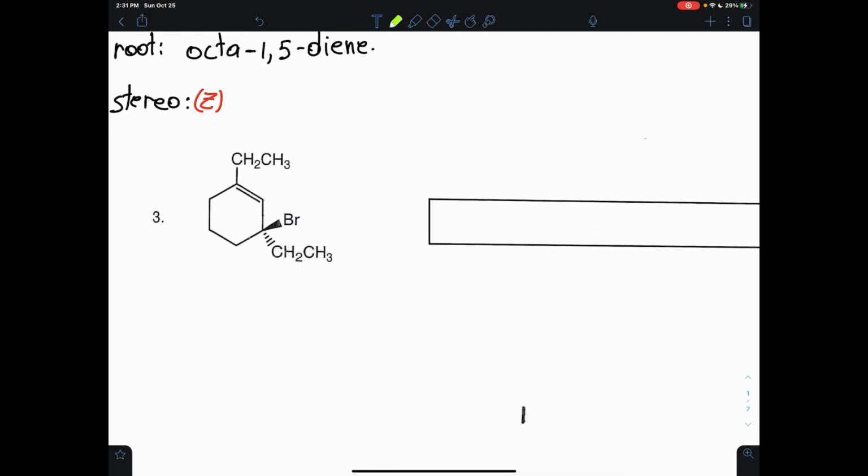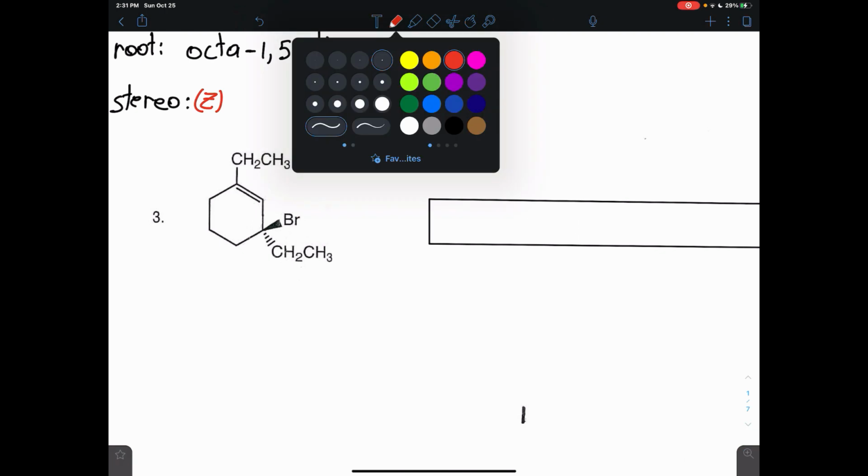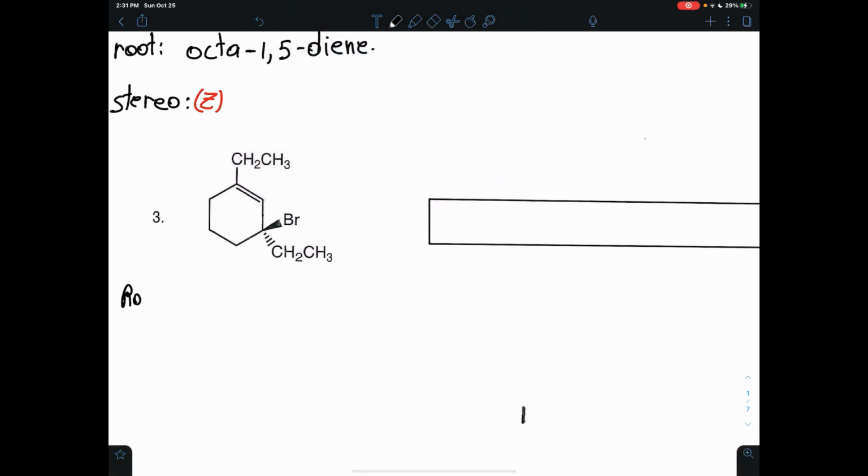We have a cyclohexene, right? So that's my root. So my root is going to be a cyclohexene. If you notice here, I didn't put 1. I don't remember, but I think she now starts the moving point if you put 1. I'm not sure, don't quote me on that.